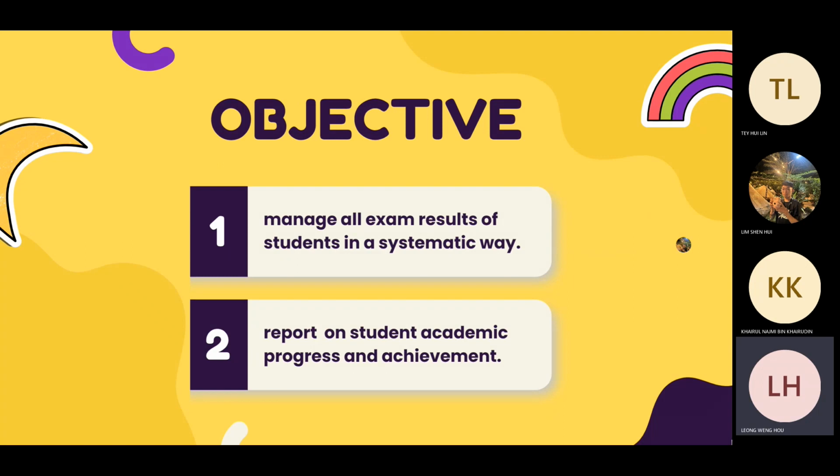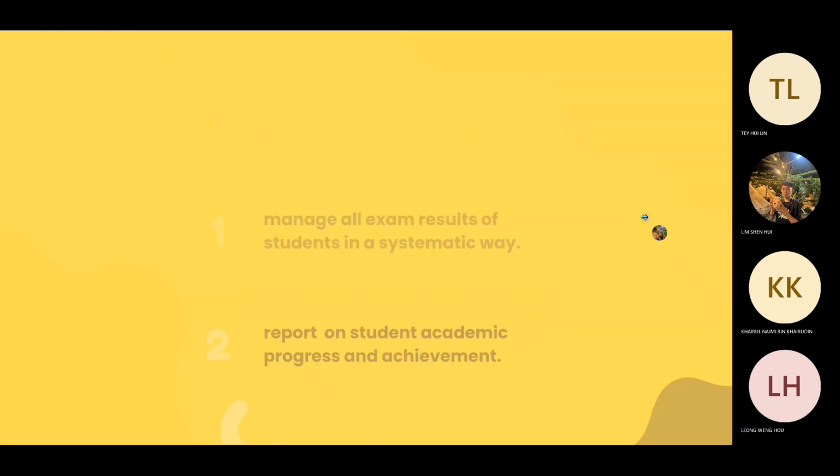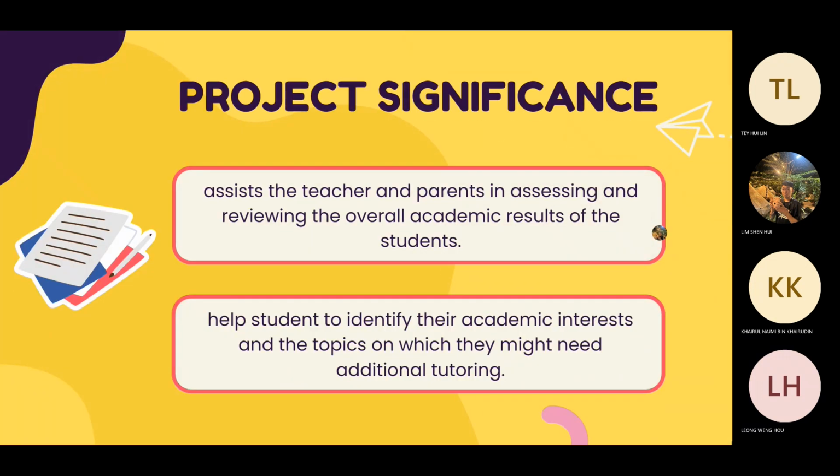In this system, we have two objectives: to manage all exam results of students in a systematic way, and also to report on student academic progress and achievement. So next is the project significance.